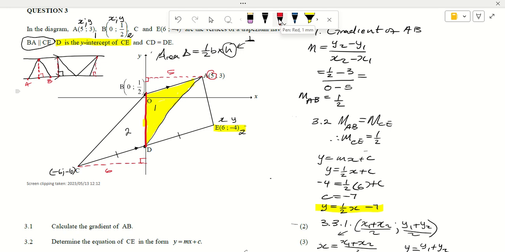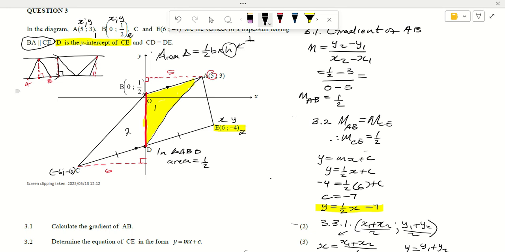So now how can we use our base here? Remember, we have two triangles now. Let me just say A, B, D. In triangle A, B, D, the area is equal to half.